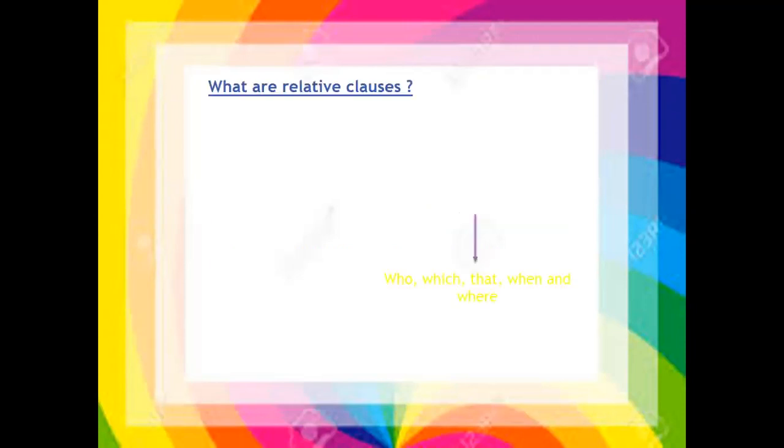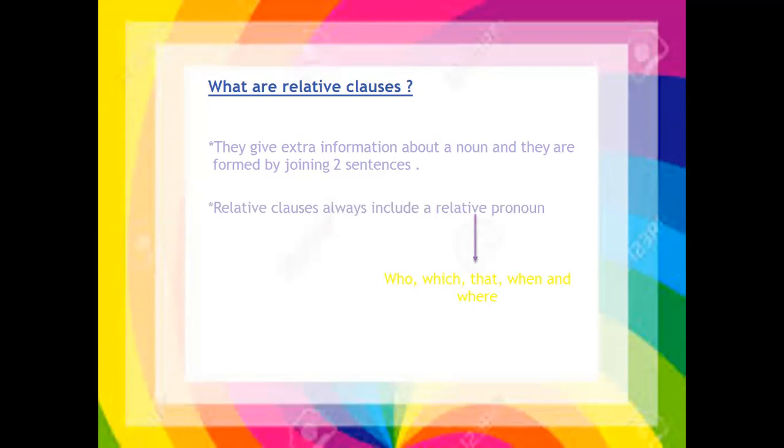What are relative clauses? They give extra information. So they are sentences which give us extra information about a noun, and they are formed by joining two sentences. Every relative clause is made of two sentences, but they are joined together in order to make one sentence.